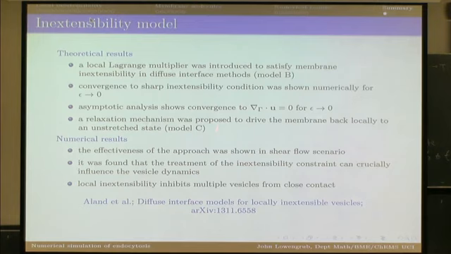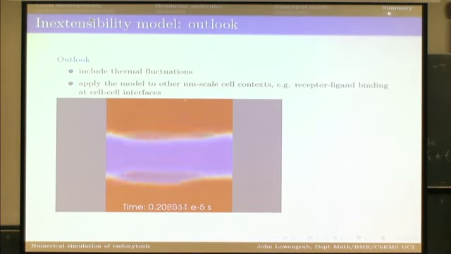We did that by introducing the Lagrange multiplier and extending it off the interface using this harmonic extension, which has nice energy properties. It decreases the energy, so it's additionally stabilizing. And then we tested it and showed the effects of the constraints and the interesting effect of local inextensibility.